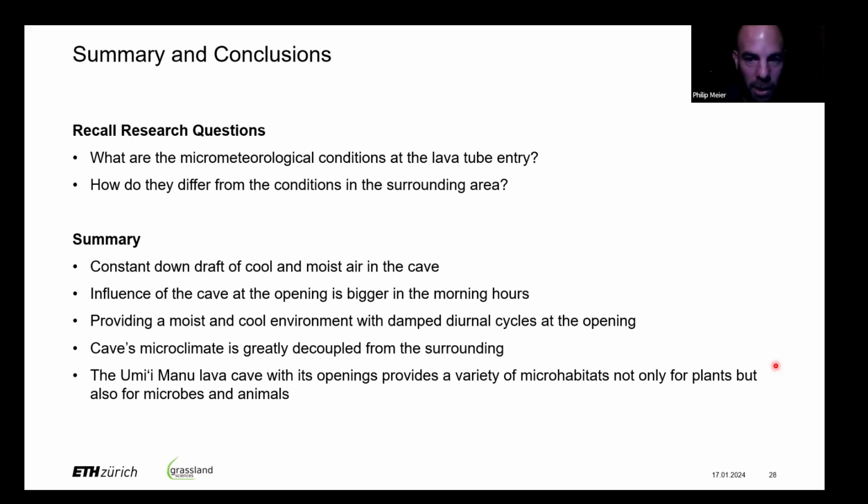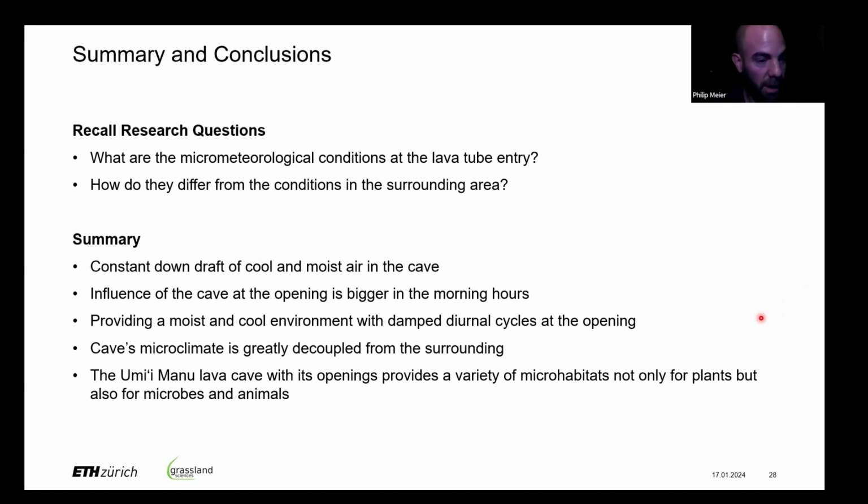And I can summarize that there is a constant downdraft of cool and moist air in the cave. And the influence of the cave at the opening is bigger in the morning hours. So in the afternoon hours, the air in the cave is already well mixed. So there is not the big difference between the reference station and the sinkhole.